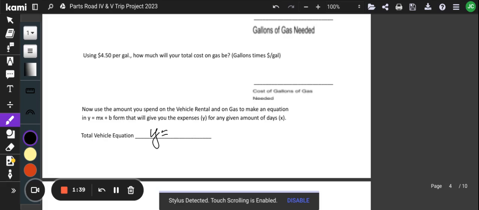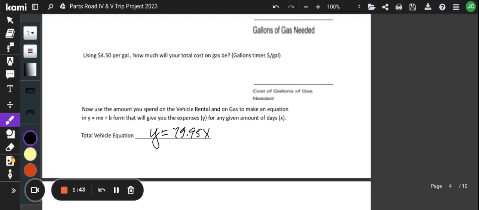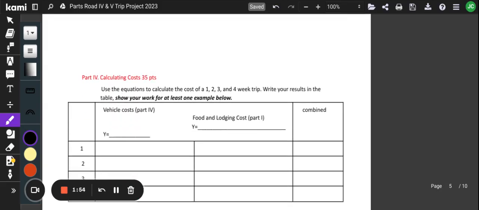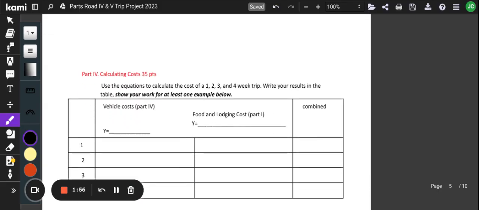Y equals 79.95x plus, and let's just say I'm going to spend $120 on gas. All right. So that's that. So my vehicle cost will go right here. Y equals 79.95x plus 120.